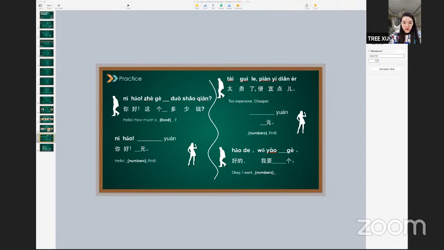Let's say the full sentence. 太贵了，便宜点儿。太棒了。And then the last sentence. 好的，我要5个。好的 means okay. Sounds pretty natural, 特别自然。我要 I want.